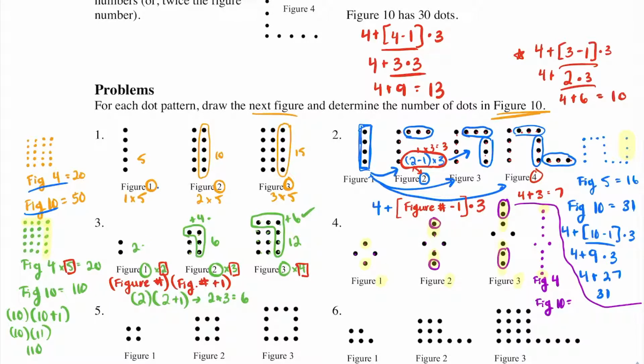So 10 plus 10 is 20, and then I always have these 2 extra dots on the side. So 10 plus 10 is 20, plus another 2, so it looks like figure 10 is going to be 22 dots. All right, cool, not bad.